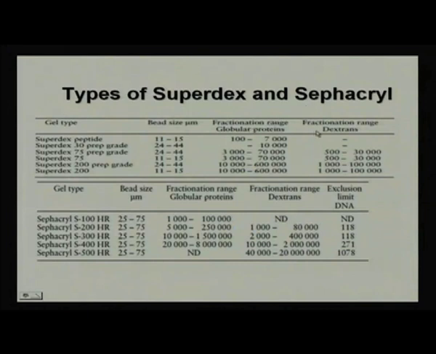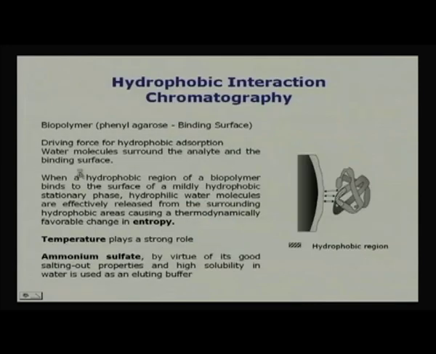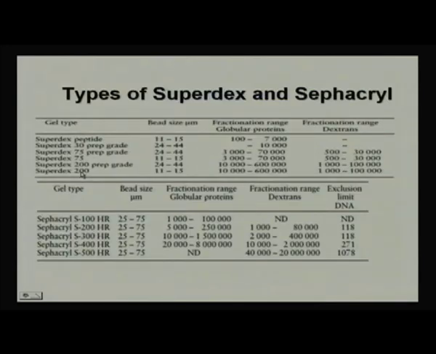So Superdex and Sephacryl are also beads of known molecular weight range having fixed specifications of the beads. These are some of the matrix molecules which can be used for the separation of proteinaceous molecules.